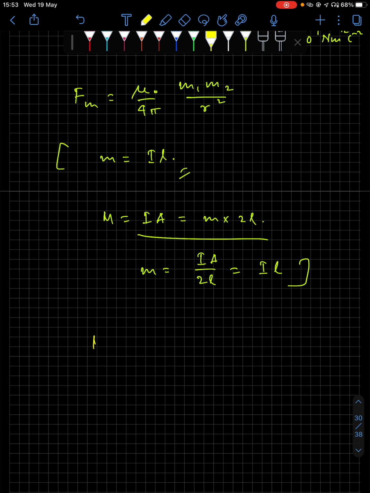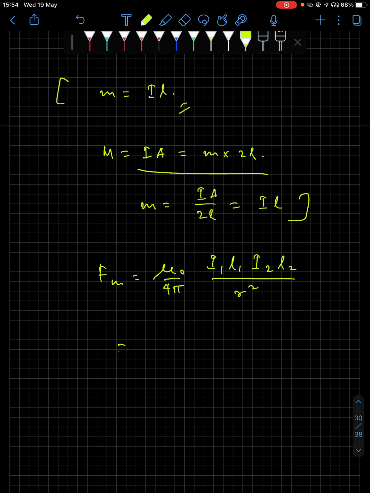Now Fm can be written as mu naught by 4 pi m1 m2. Okay, so pole strength m1 can be written as I1 L1, m2 can be written as I2 L2, divided by r square.